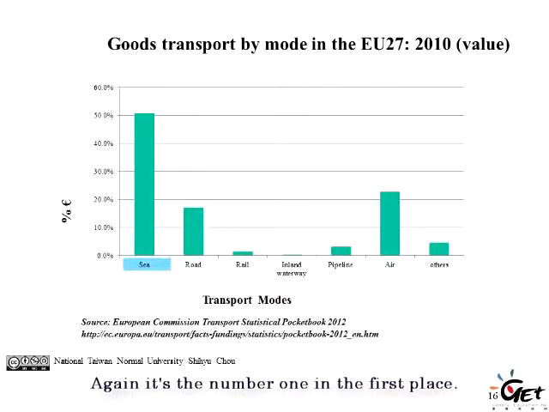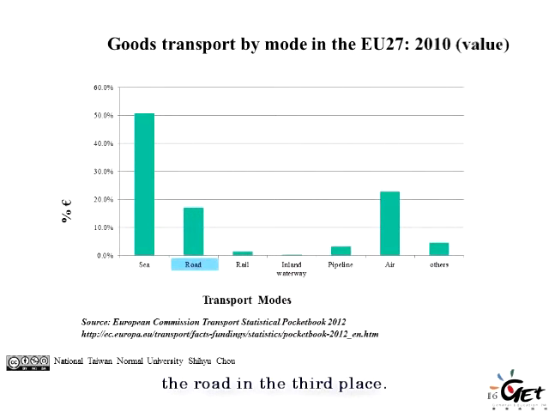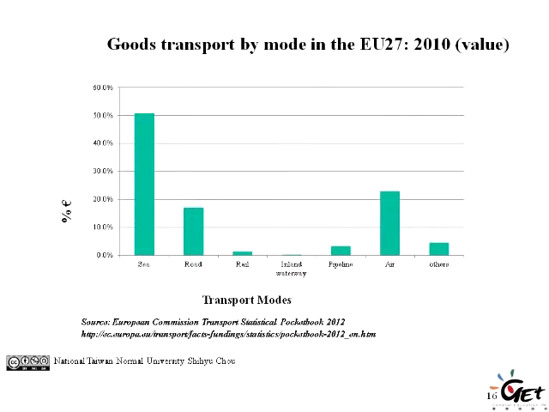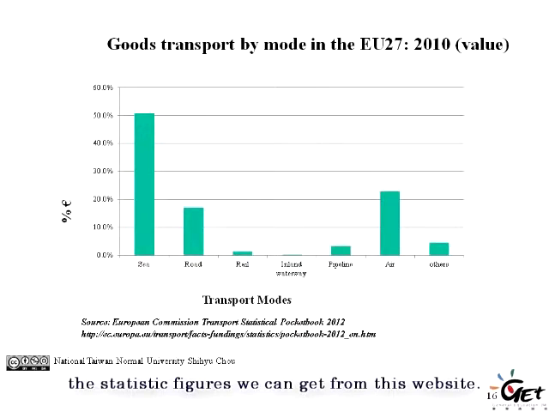Again, it is number one in the first place. Air again is the second one, and road in the third place. So those are the statistic figures we can get from this website, the European Commission Transport Statistical Pocketbook 2012.